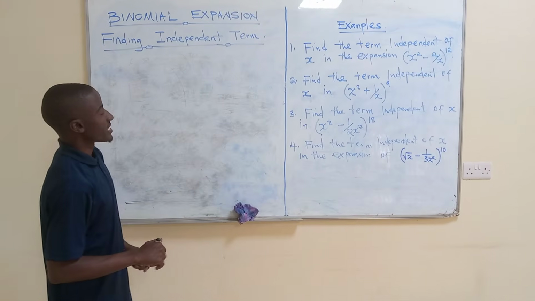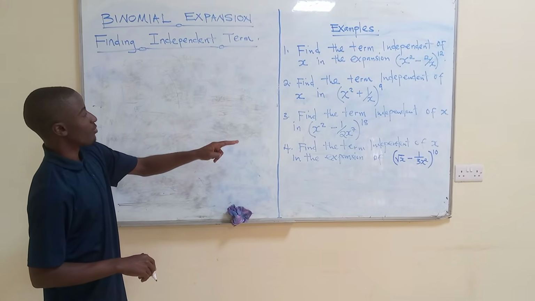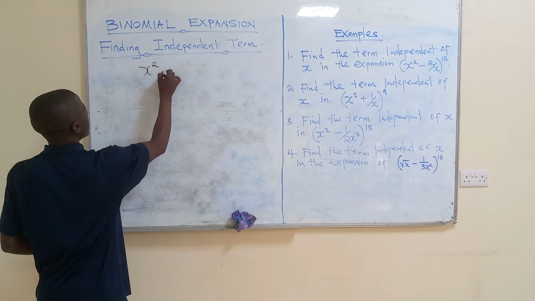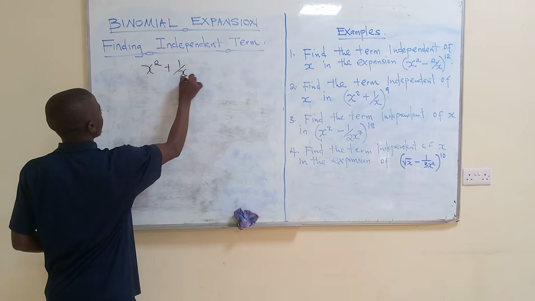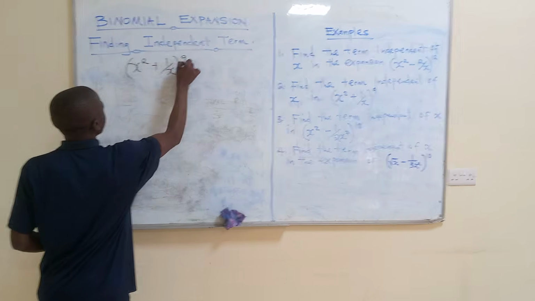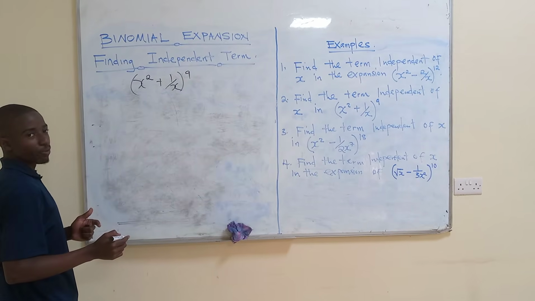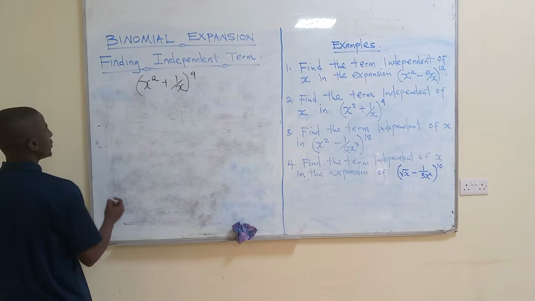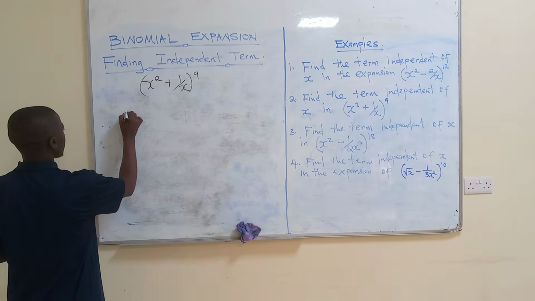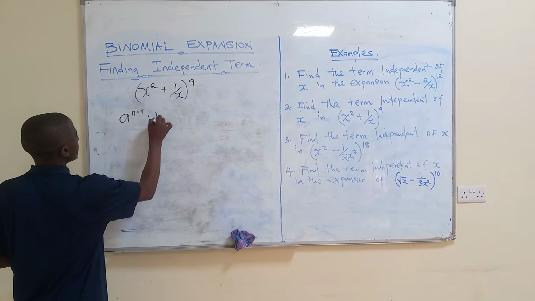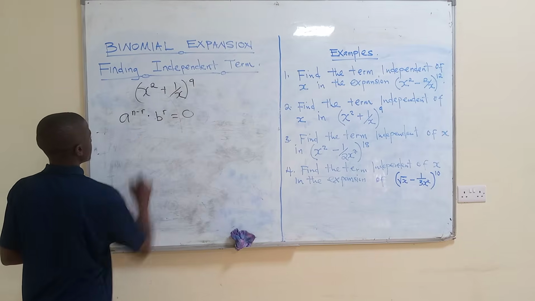So question 2, they are saying find the independent term of x in x squared plus 1 over x, all to the power 9. So first step, find the value of r, using that short formula, which is a to the power n minus r, times b to the power r, is equal to 0.